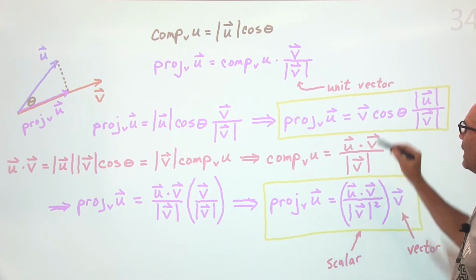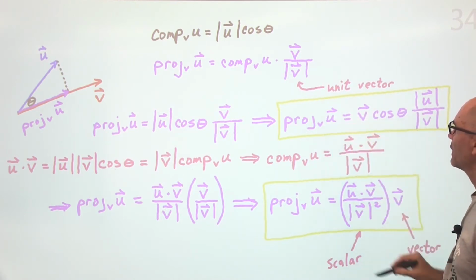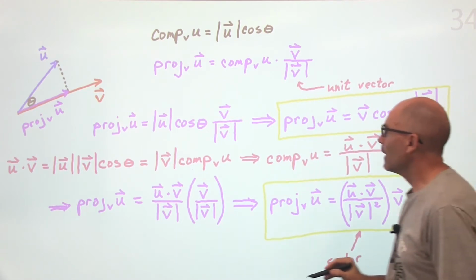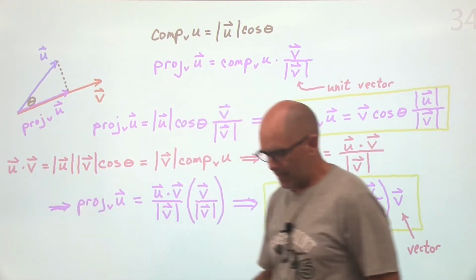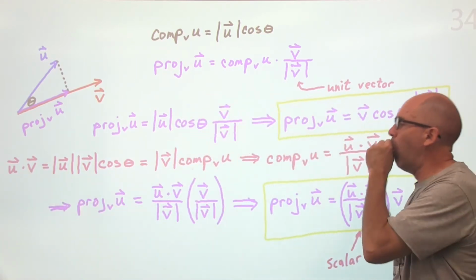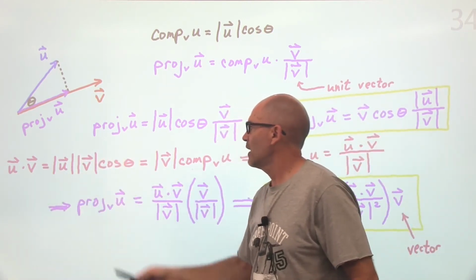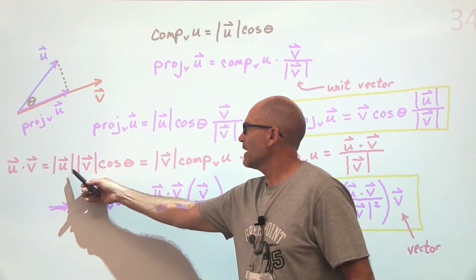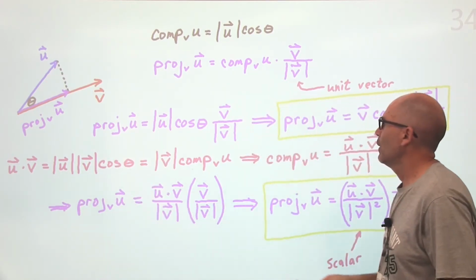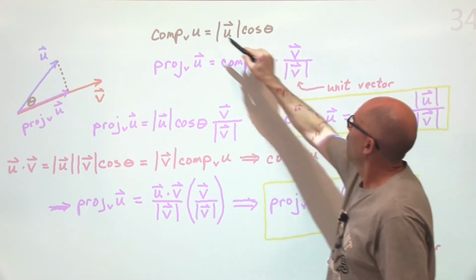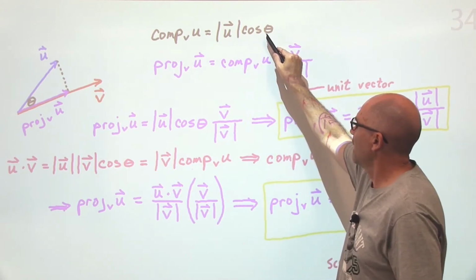Now, there's another way of showing what the projection of u along v is. Let's take vector u dot vector v. Well, we know that that's the magnitude of u times the magnitude of v times cosine theta. Well, the component of u along v is the magnitude of u cosine theta.